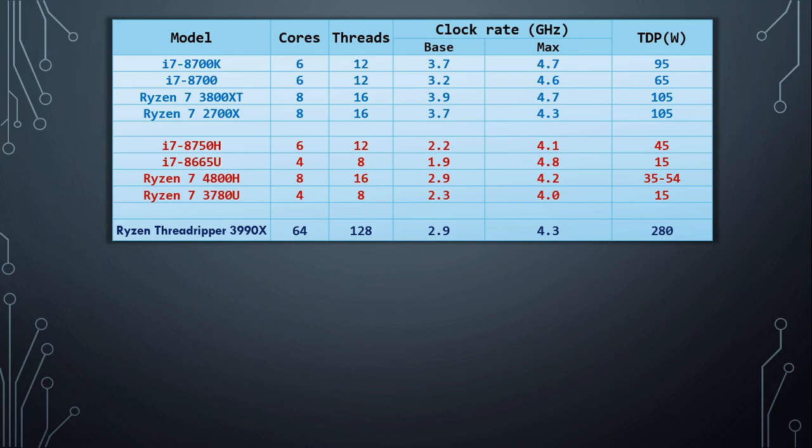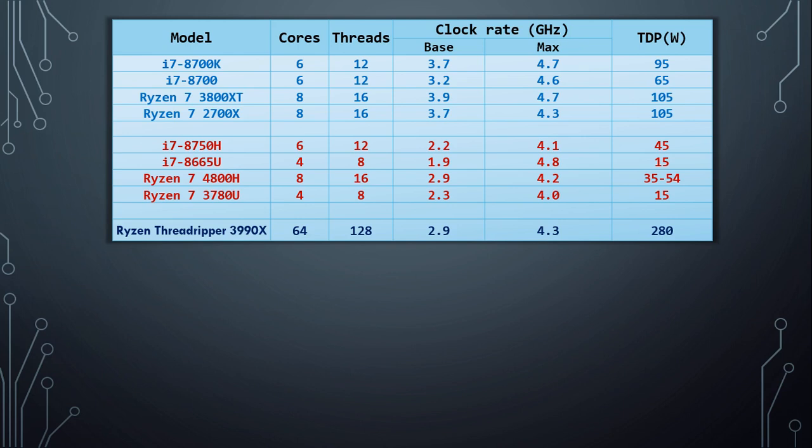That means these processors won't generate much heat, but the Ryzen 7 series processors have more TDP. That means they will generate more heat, in watts. So, this TDP is measured in watts. But one more thing is that in the AMD processors the number of cores and threads is high. That means the performance will be good.